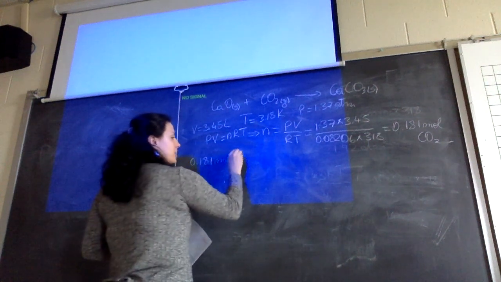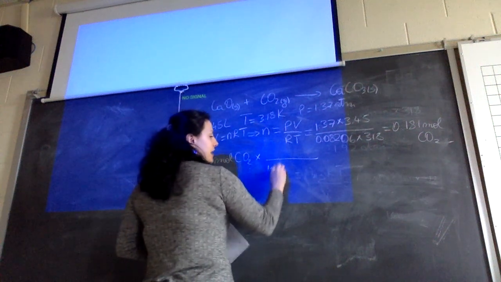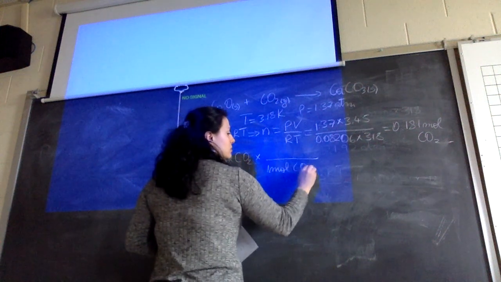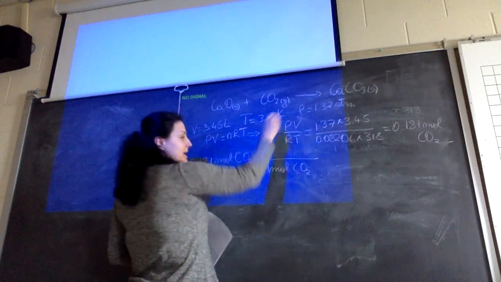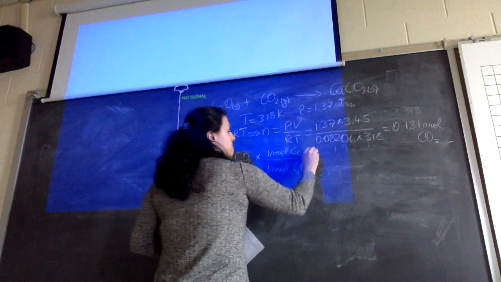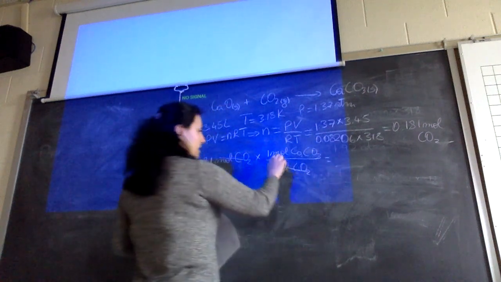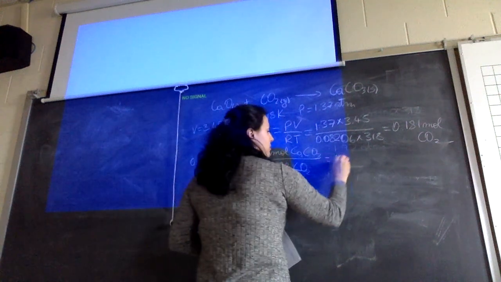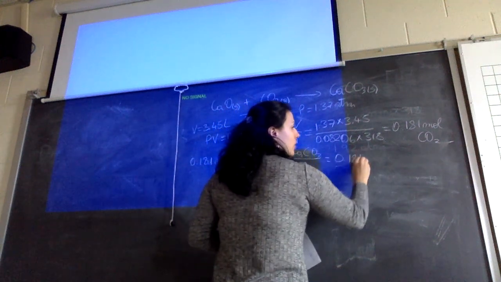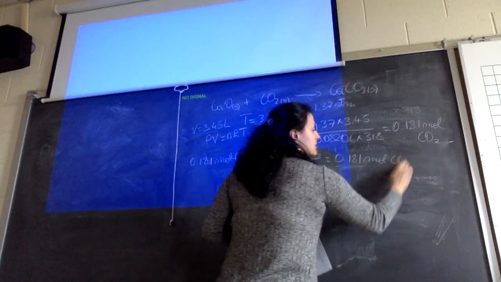So I have moles of CO2 times, I know for every 1 mole of CO2 that reacts, I get 1 mole of calcium carbonate. So my moles cancel, leaving me with moles of calcium carbonate, which is 0.181 moles of calcium carbonate.